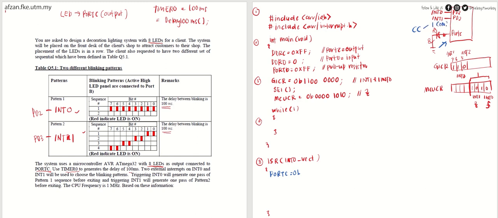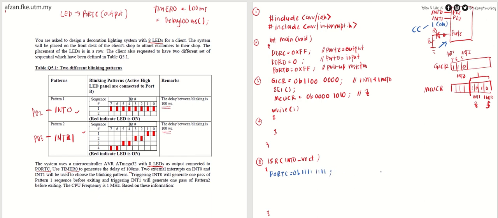If you put 0, the LED will be off. Since all the LEDs should be on, you put 1 1 1 1 1 1 1 1. I always like to use binary numbers because it is easy for me to see the pattern. So this is all the LEDs lighting up.